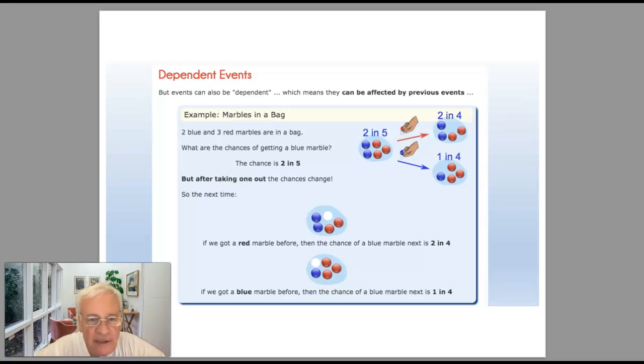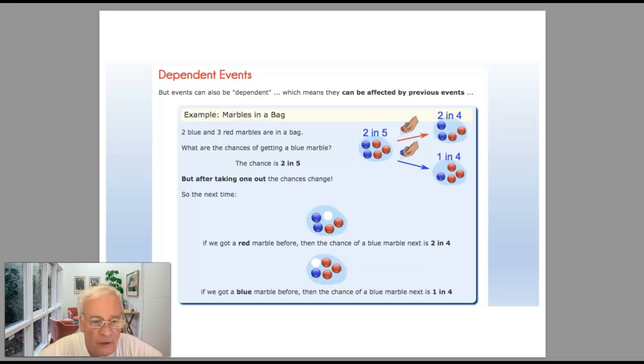As an example, we looked at this before, marbles in a bag. What are the chances of getting a blue marble? Well, it's 2 out of 5. But after taking one out, what are the chances of the second selection being a blue marble? Well, it depends on what happened in the first selection.